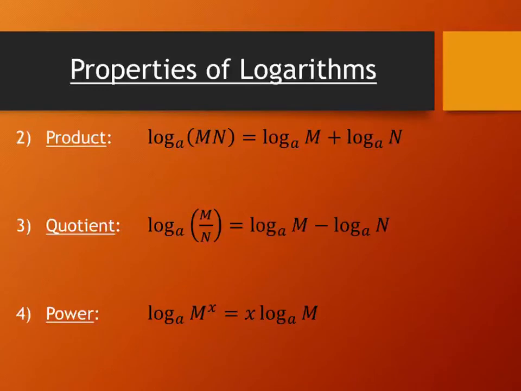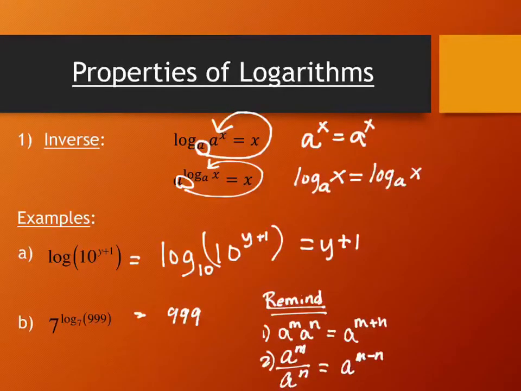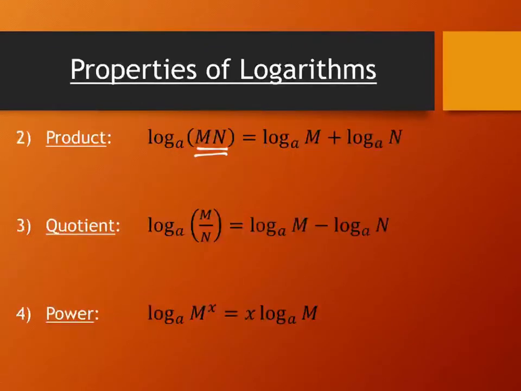A lot of writing for you. So what you see on the first one, again, looks like I've got multiplication, kind of like it looked like I had multiplication on number 1 down here. And what you see happening is it actually looks like we're separating it into two log expressions that are separated with addition.